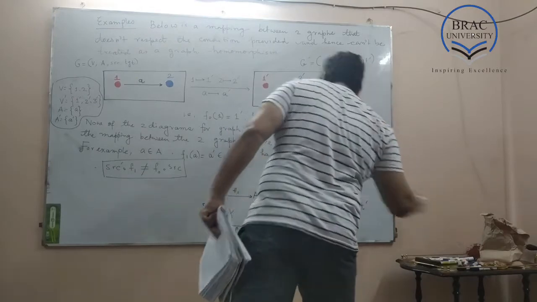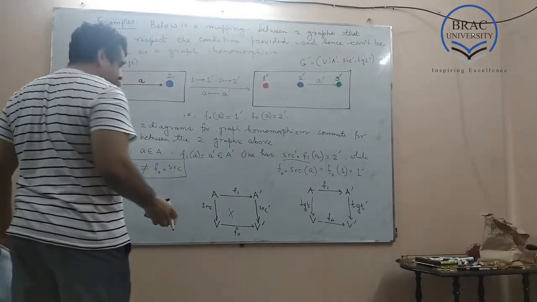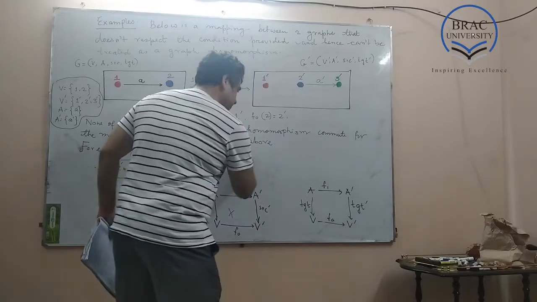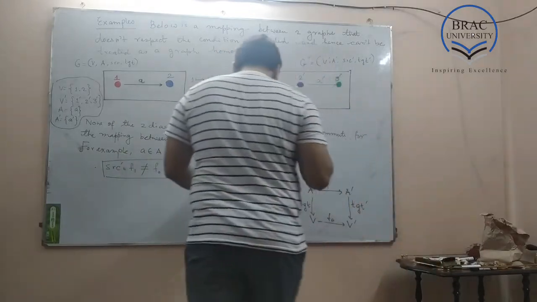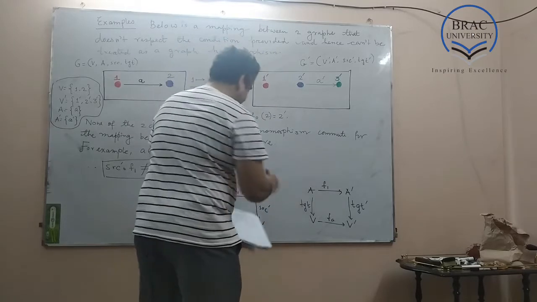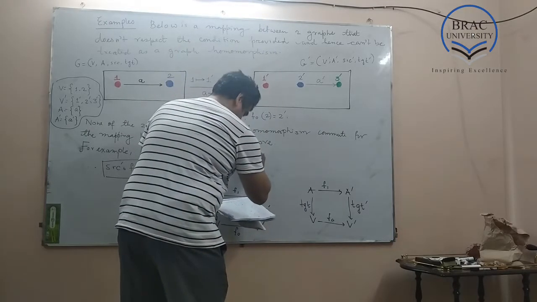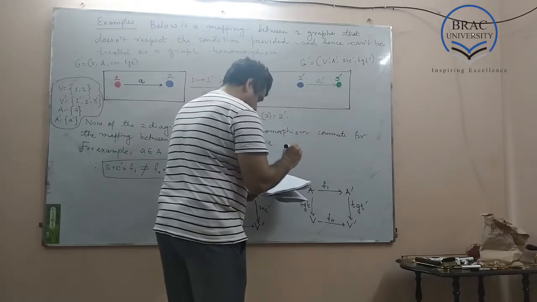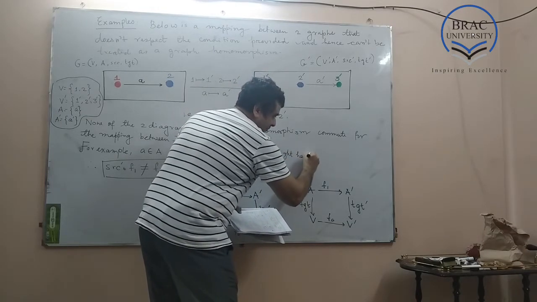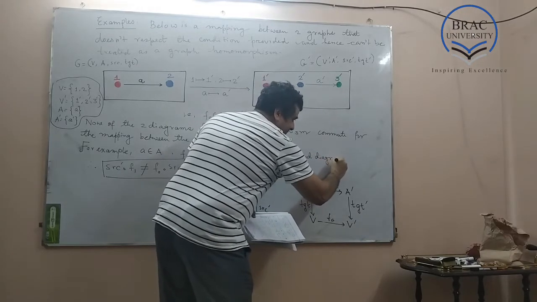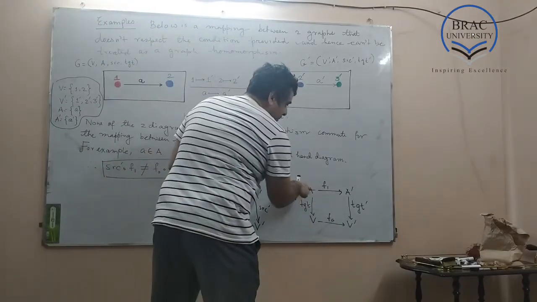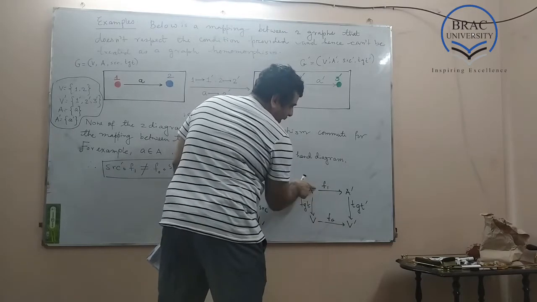Alright. For the right hand side diagram, observe that for the right hand diagram, we're going to go from A to V prime via this path.